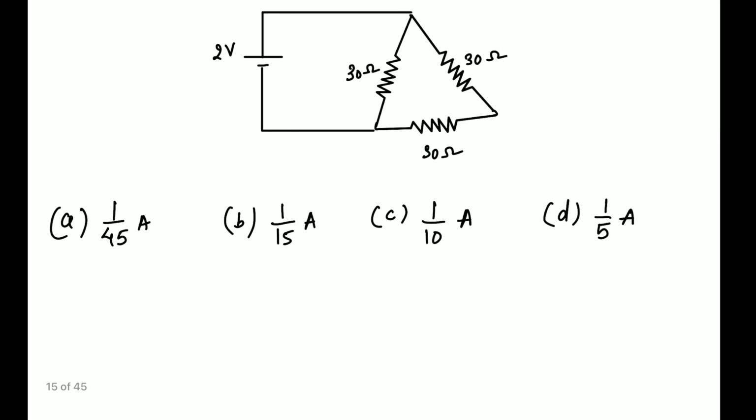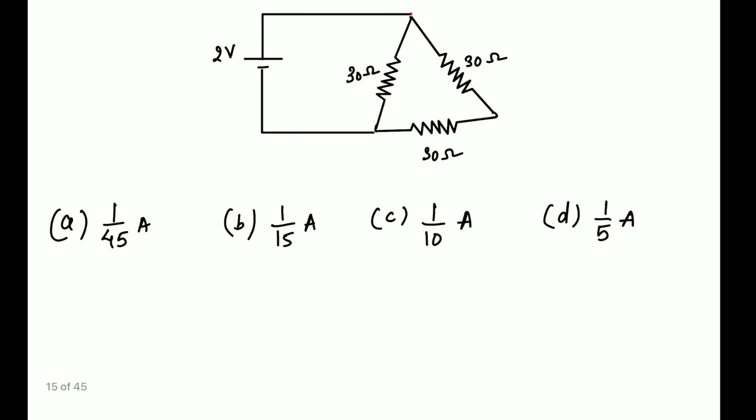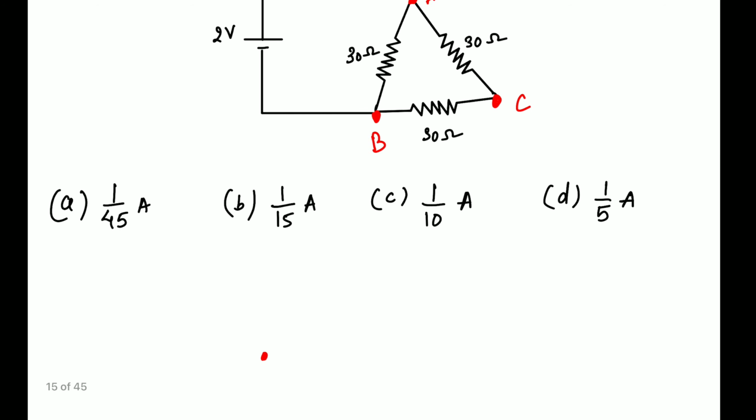So I can basically redraw this figure. Let me just redraw this figure here. Before redrawing, I'll just name everything. This is A, B, and this is C. So I have point A here, I have point B here, right? From A to B, I have a resistance and the value is 30 ohm, right?